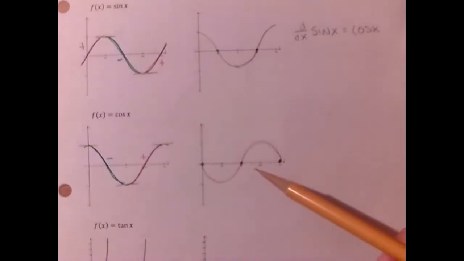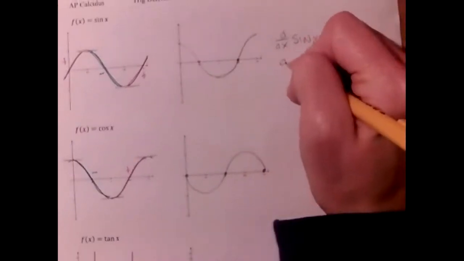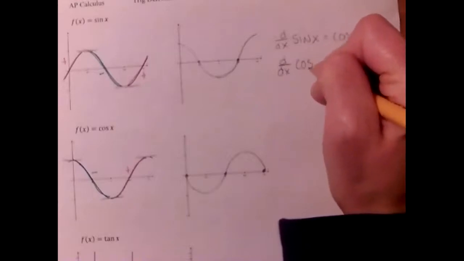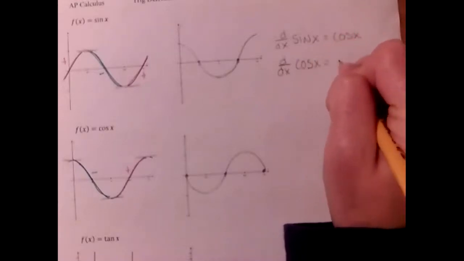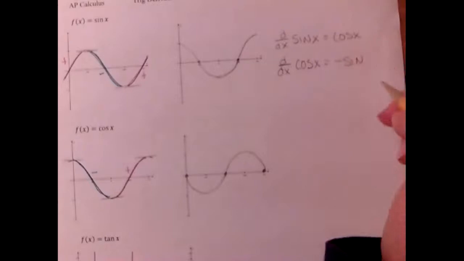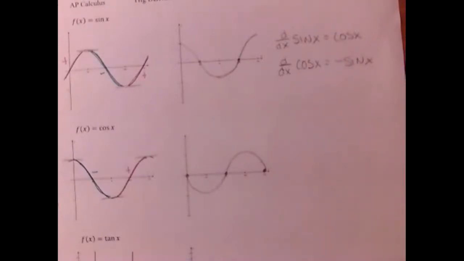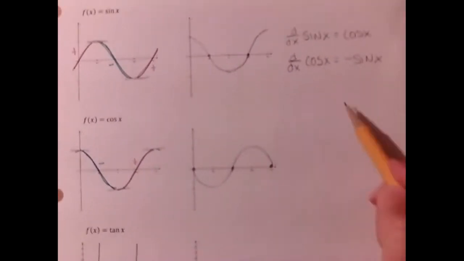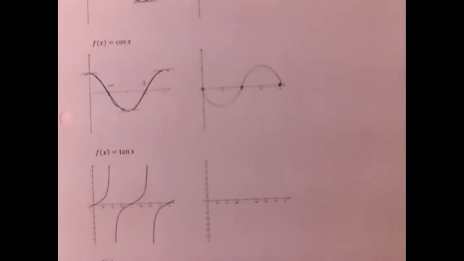Negative sine. Yeah, good. It got flipped over, so it is negative sine. So derivative of cosine is negative sine. All right, cool. Those two usually go over pretty well. It's when we get into the other ones that it's like, oh, we really have to remember all of these.